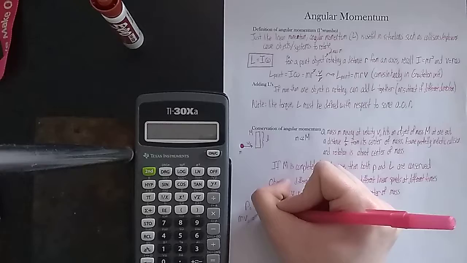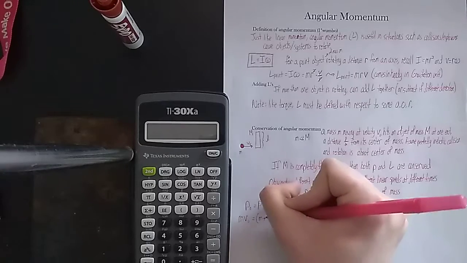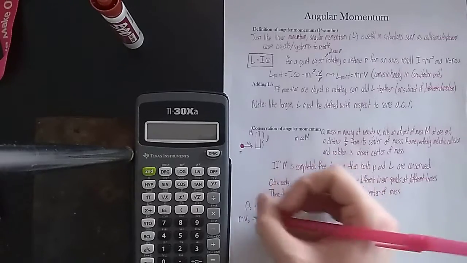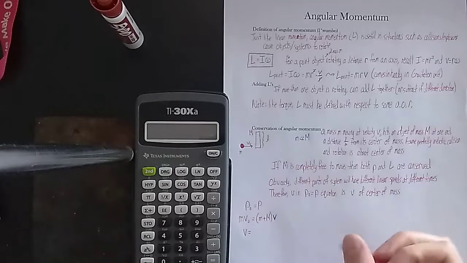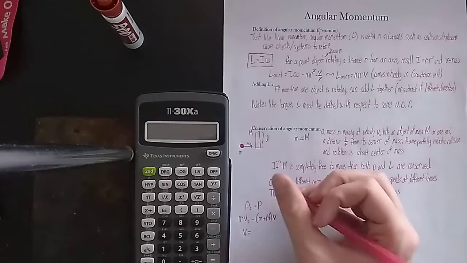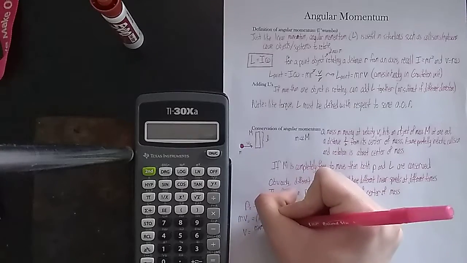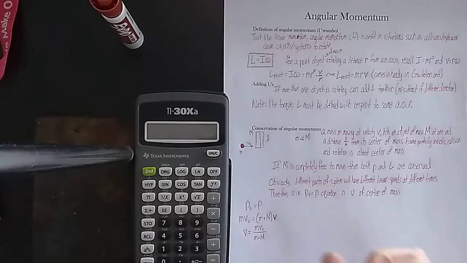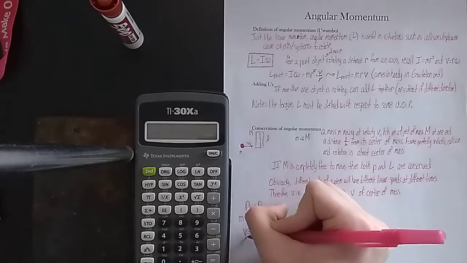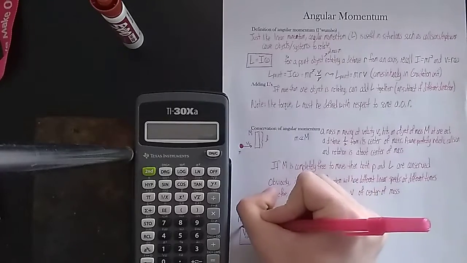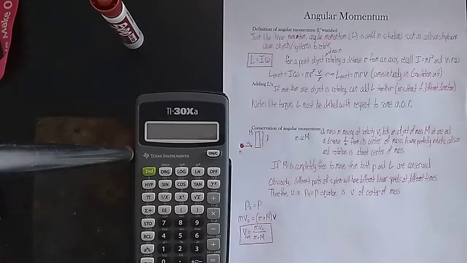Once it sticks, the momentum is m plus big M times V. Very simply, the linear velocity of the system after the collision is going to be equal to little m V naught over little m plus big M. And that's the velocity of the center of mass. So I'm going to put VCOM. Okay? Linear momentum, pretty straightforward.